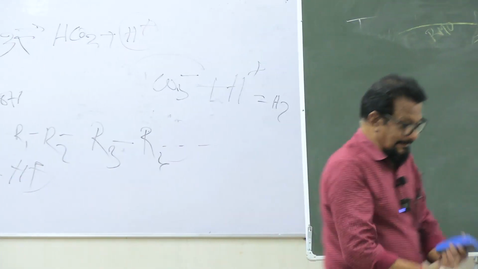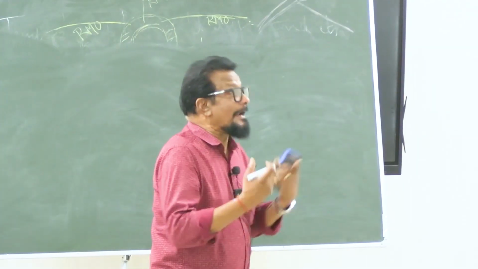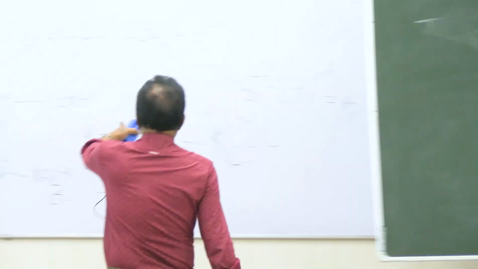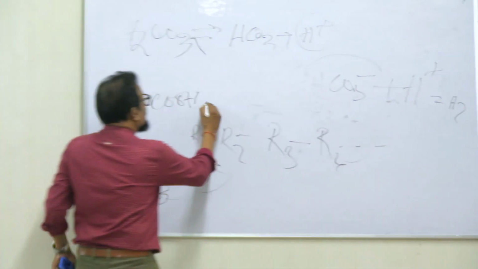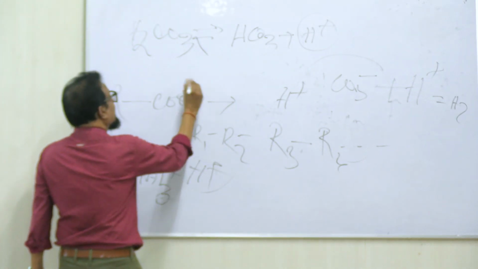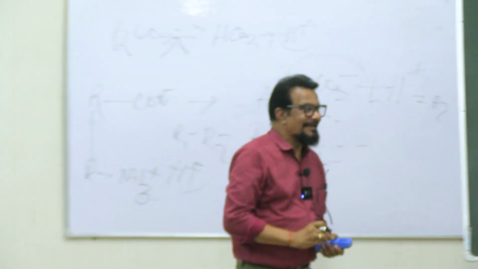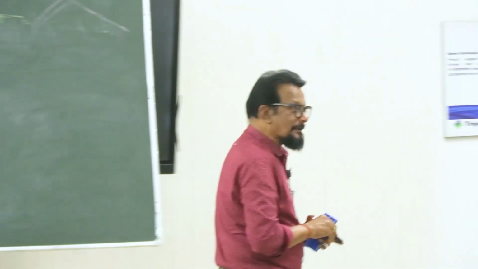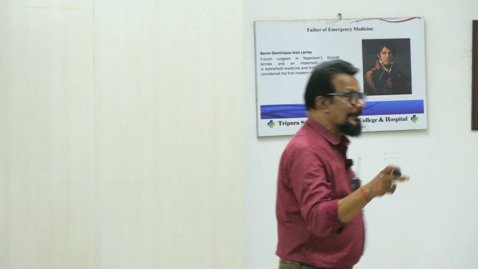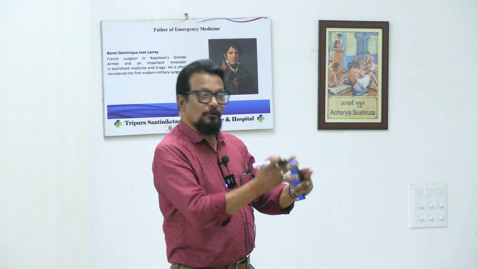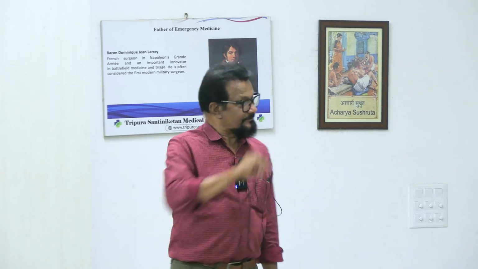Now the solution is alkaline, basic. Need more hydrogen ion. So what to do? This can donate one hydrogen ion, and the COOH will become COO negative. In this way plasma proteins, which remain in plasma, can buffer the excess hydrogen ion, and when there is need, they can also release hydrogen ion. That way they can maintain pH.